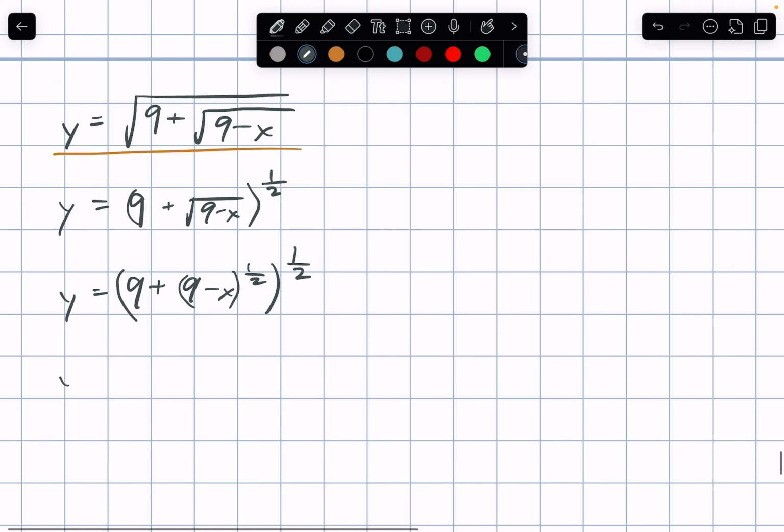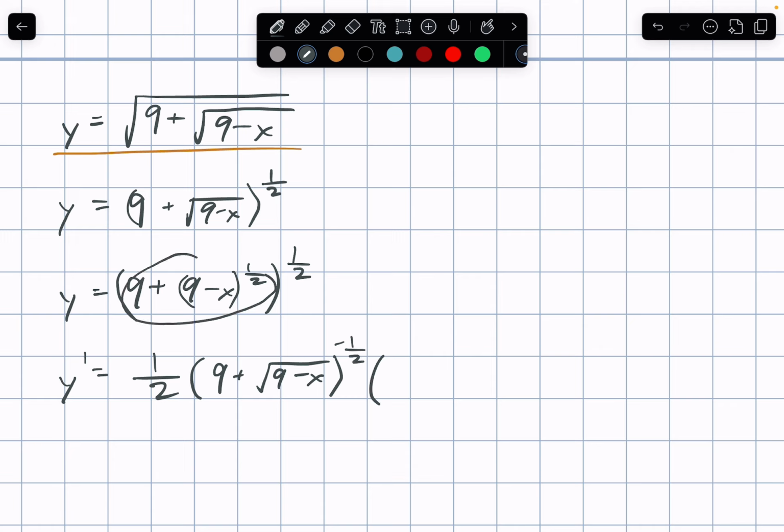And then power rule. You can just rewrite this back to radical form. And then derivative of what's inside.